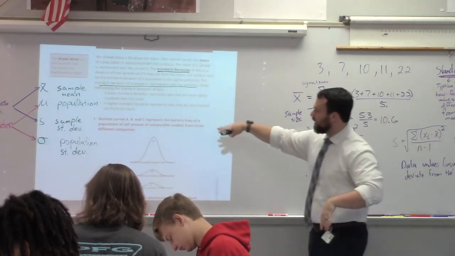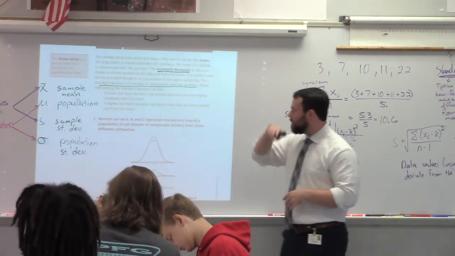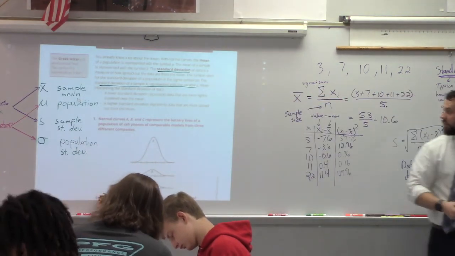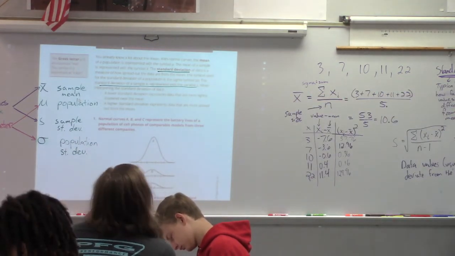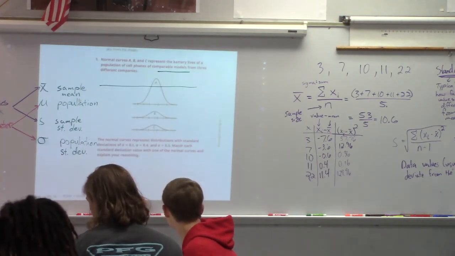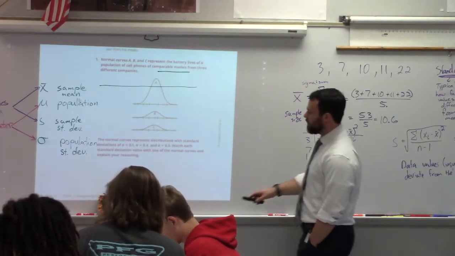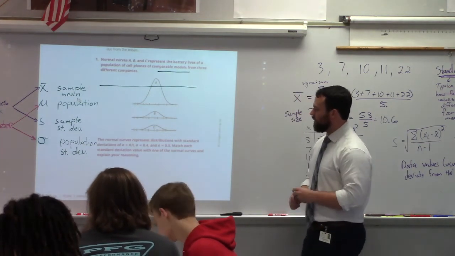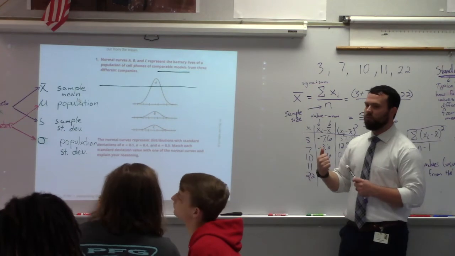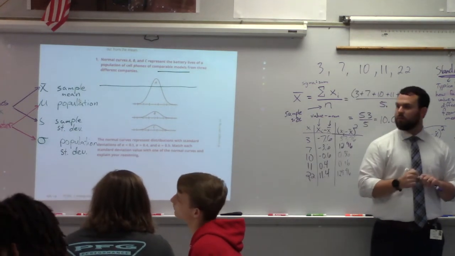So when I look here, we have normal curves A, B, and C representing the battery lives of a population of cell phones with comparable models from 3 different companies. The normal curves represent distributions with standard deviations of 0.1, 0.4, and 0.5. Which of those do you think would have a standard deviation of 0.1, a really low standard deviation?